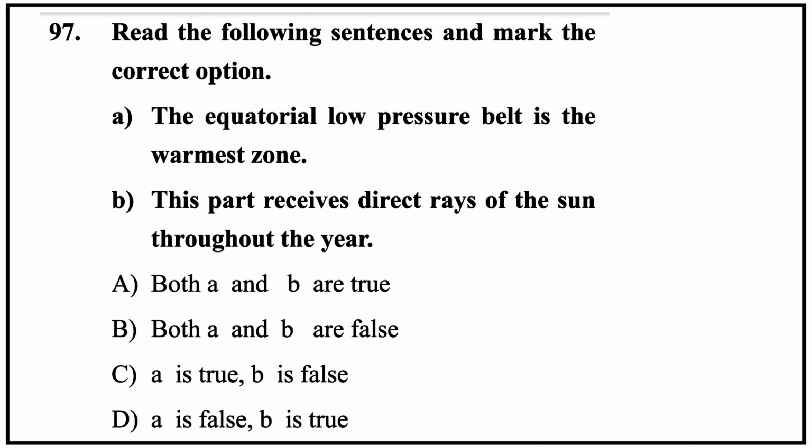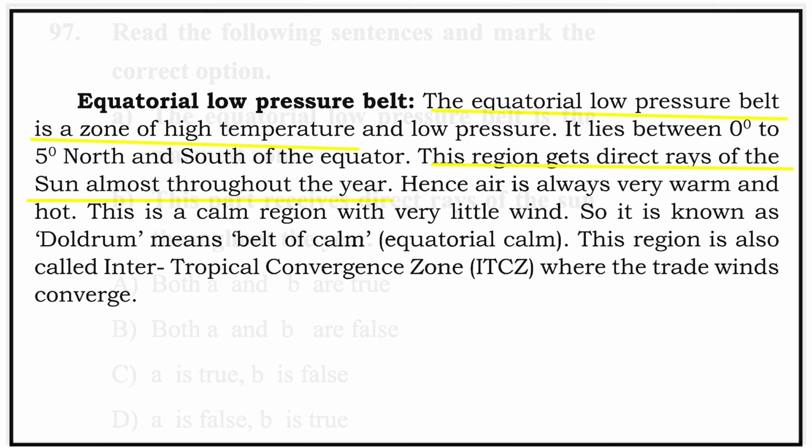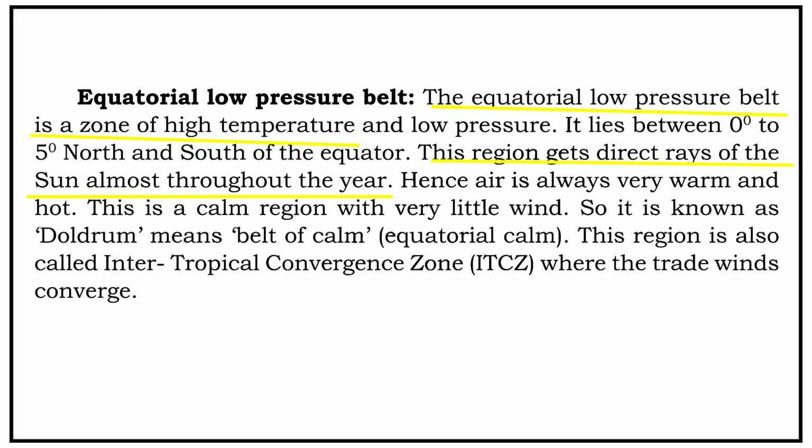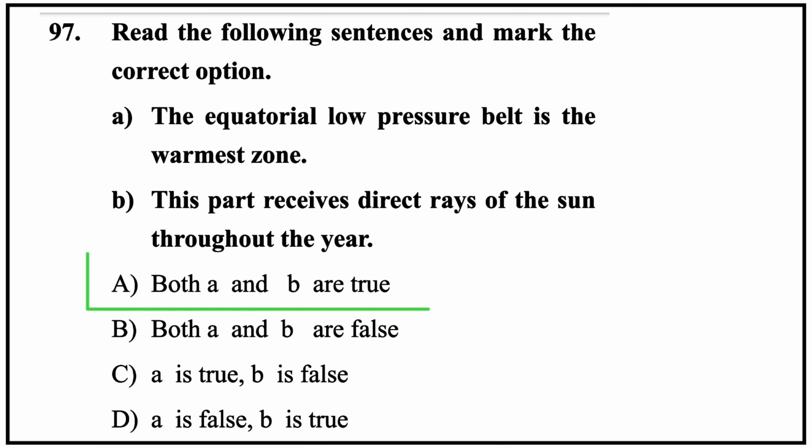C. A is true, B is false. D. A is false, B is true. Here is the equatorial low pressure belt. The equatorial low pressure belt is a zone of high temperature and low pressure. This region gets direct rays of the sun almost throughout the year. Here, both A and B are true.